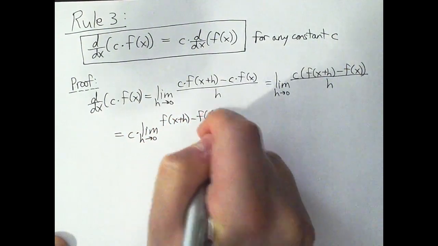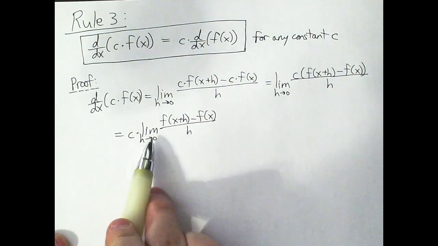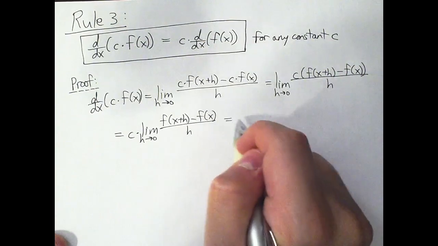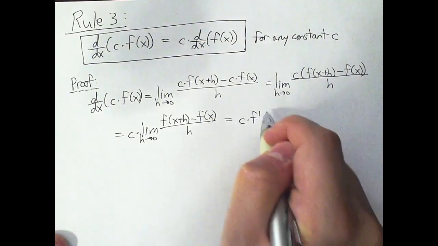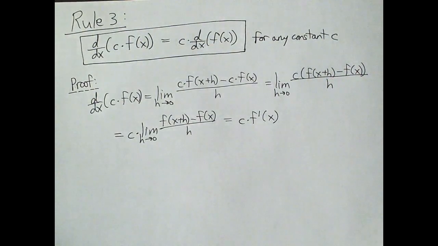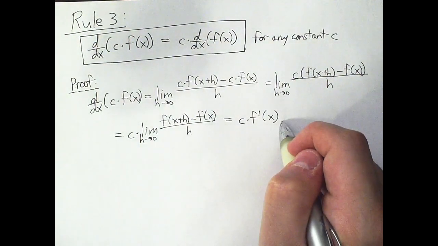You see how nicely this proof works out? Because what we're left with then is c times the definition of the derivative. That is exactly c times f prime of x. And we did it. We proved what we were trying to prove, right?